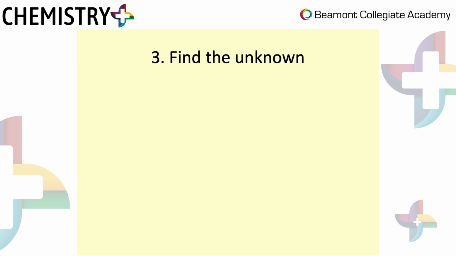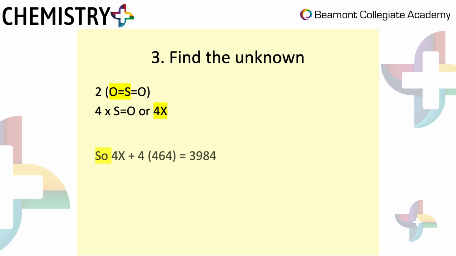So let's find the unknown. Remember, the unknown we're looking for is the S double bond O, and there were 4 lots of them. So we could refer to that as 4 times S double bond O, or 4x. I'm going to refer to it as 4x.